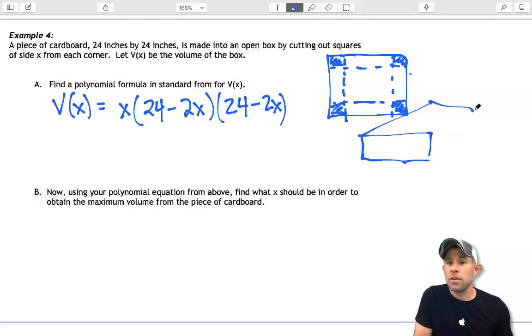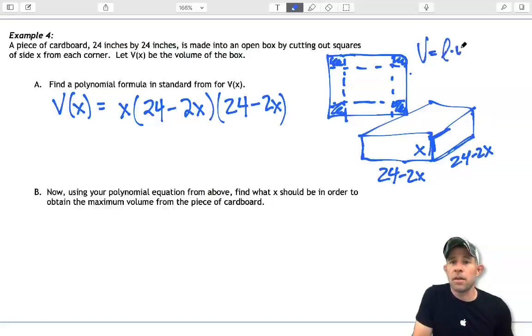So if we can draw this 3D box like that, the height of our box is x. This dimension here is 24 minus 2x, and then along the long edge there is also 24 minus 2x. And we know the volume of a box is simply length times width times height. Okay, sorry for that little segue there. All right, let's find the volume of this box now as a polynomial.